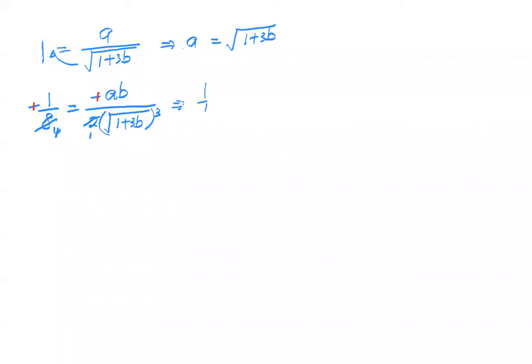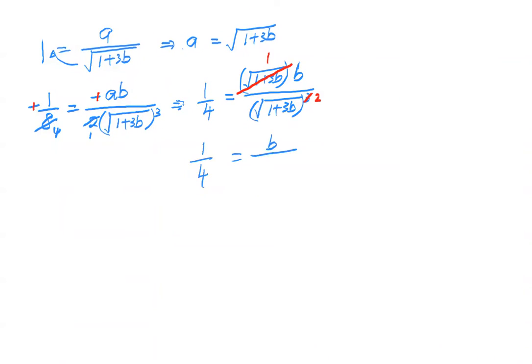1 over 4 is equal to, my A is square root of 1 plus 3B, over square root of 1 plus 3B, the whole thing cubed. So if you simplify, this one becomes 1, this one becomes square. Agree? Okay. So now 1 over 4 equal to B, square root of A squared is A. Correct?